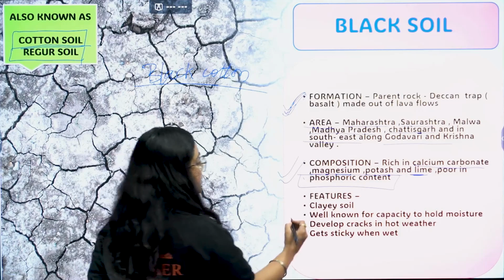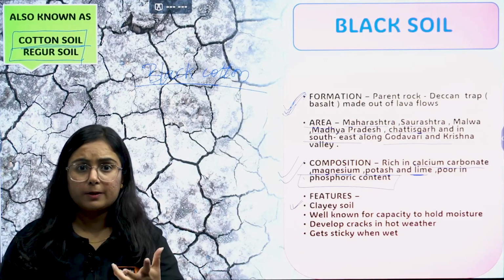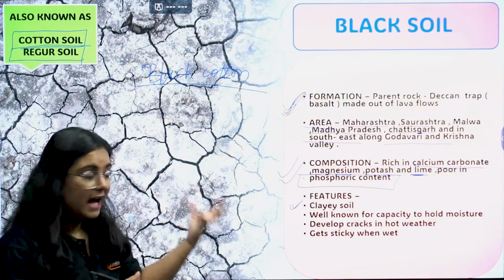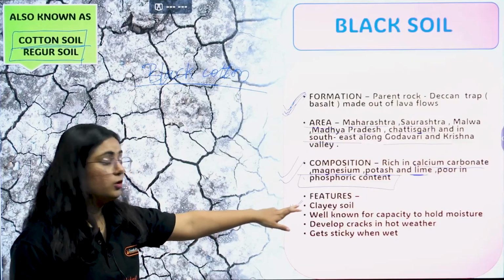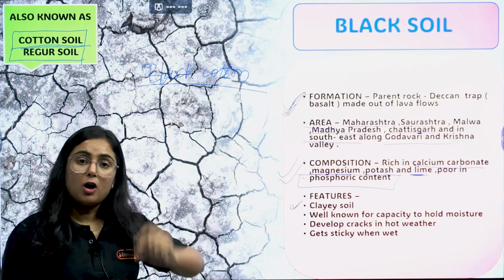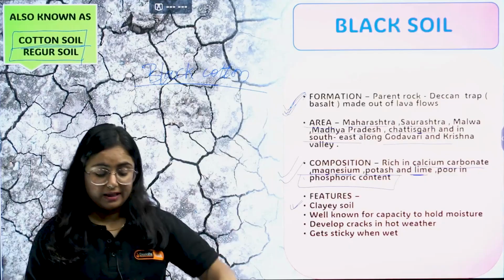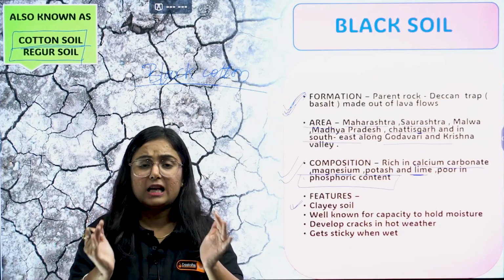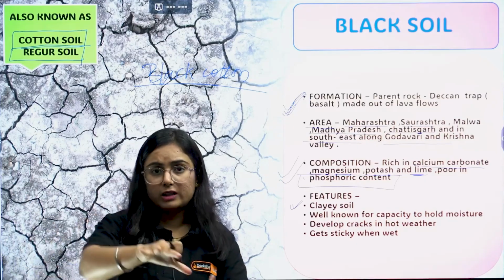Feature: this soil is a very clayey soil. Have you ever seen clay powder? How fine it is. Similarly, the granules are so fine in this type of soil, and hence it is known as clayey soil. Because of this clay texture, imagine you have a bowl filled with powdered clay, and you add a lot of water to it.